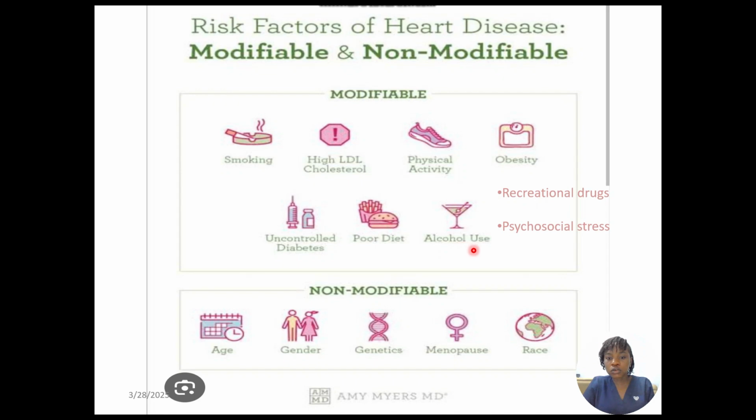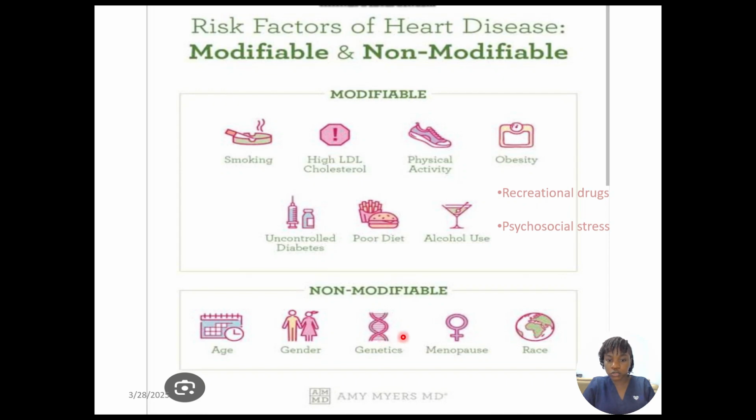Also, the consumption of alcohol in excessive amounts is a risk factor for this disease, as are recreational drug use, hard drugs, and psychosocial stress. For the non-modifiable risk factors, they include age. Increasing age is a risk factor, especially when there are other risk factors as well. Gender: it is commoner in males, however, after menopause, it tends to be commoner in females because of reduced estrogen levels.